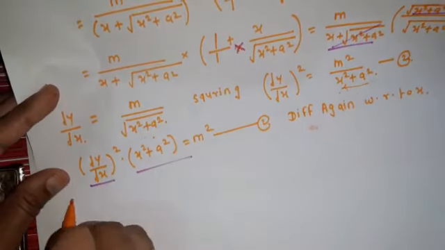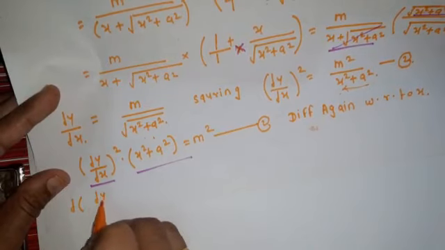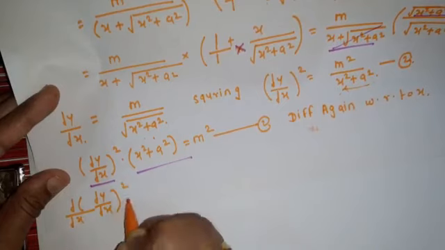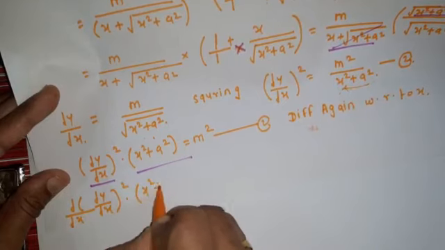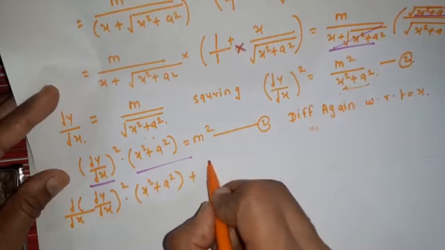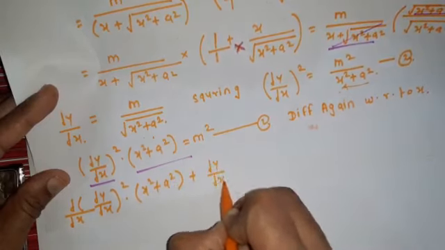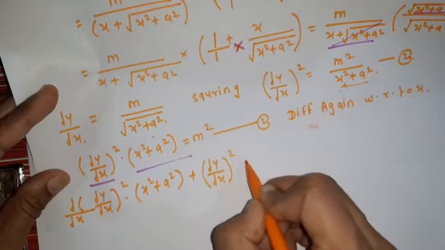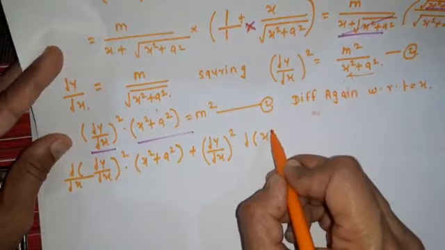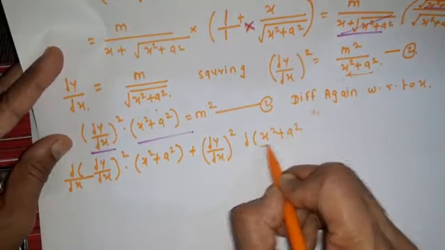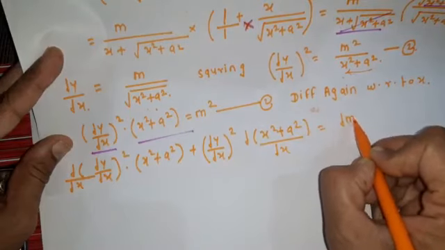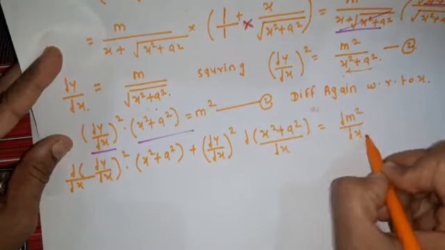So differentiation of dy by dx whole square, x square plus a square is constant, plus dy by dx whole square is constant, and differentiation of x square plus a square with respect to x equal to differentiation of m square with respect to x.